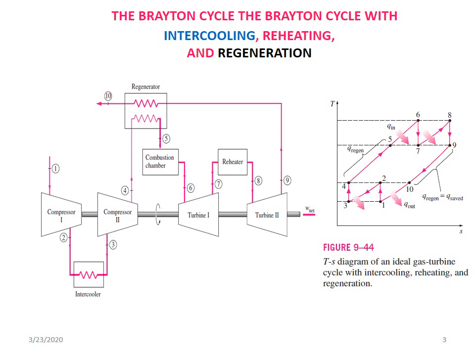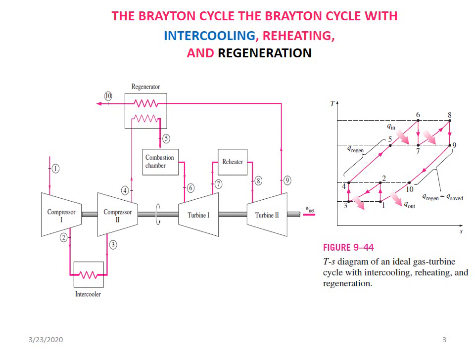The primary heat addition during the combustion process takes place between state 5 and state 6, which can be represented by Qin. The gas enters the first stage of the turbine at state 6 and expands isentropically to state 7, where it enters the reheater.